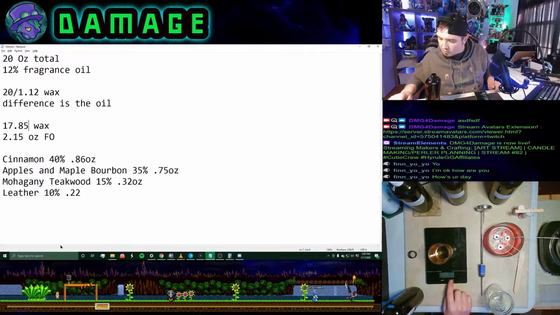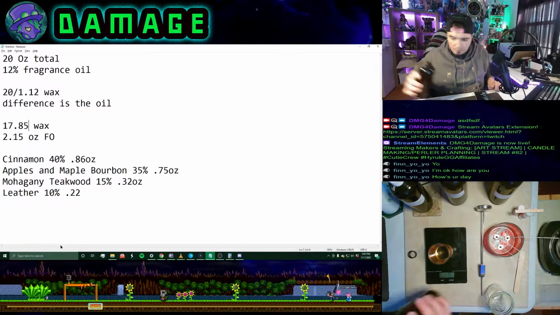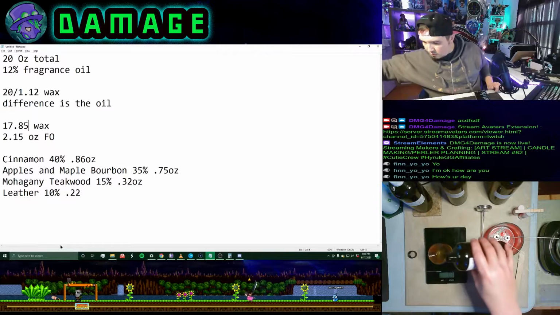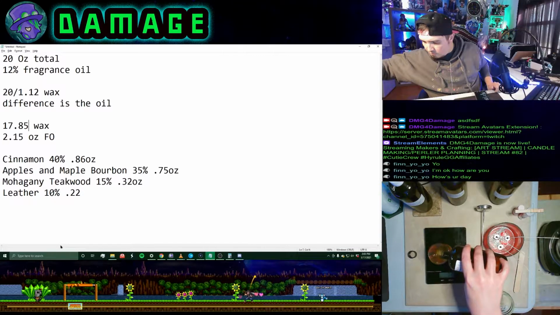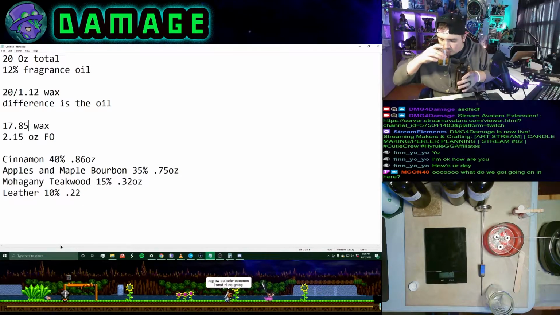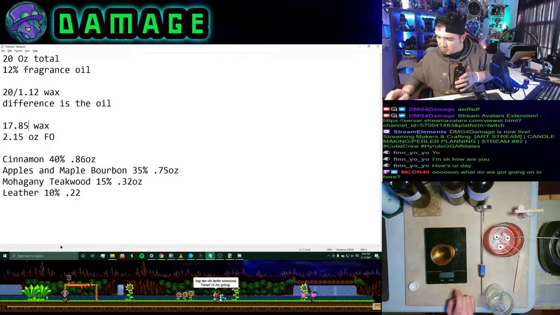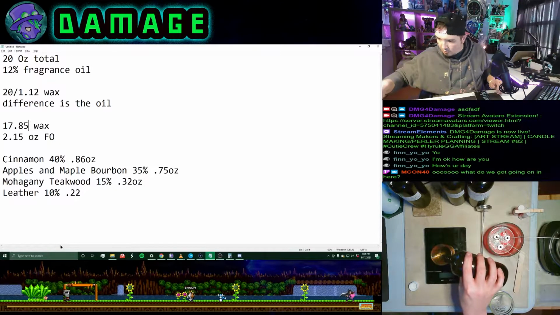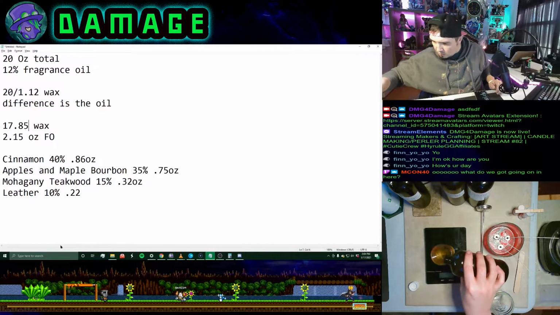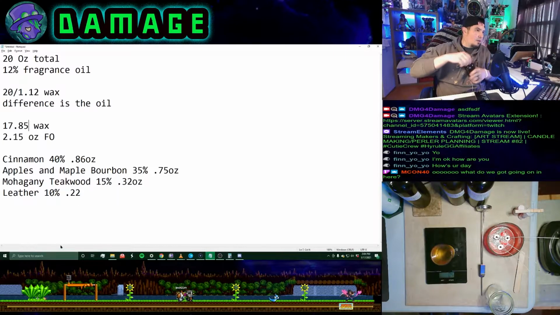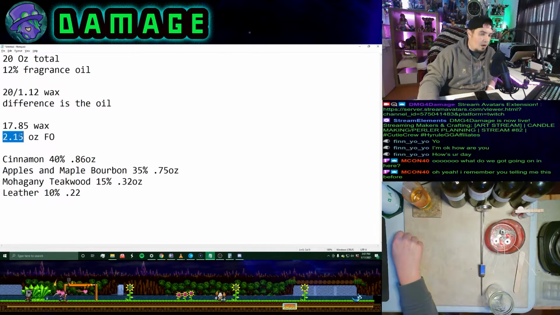Let's go ahead and tear that out. 0.75. Okay. Yeah, I smell the cinnamon. I smell the apple. Do 0.32 of mahogany teak wood. And then just a little bit of leather.